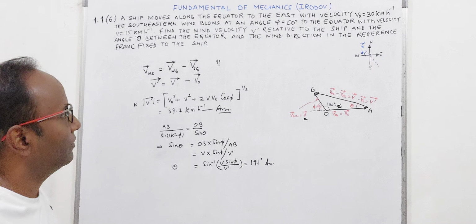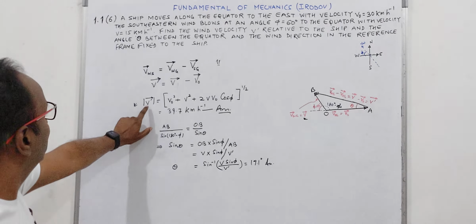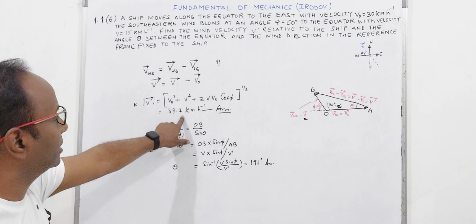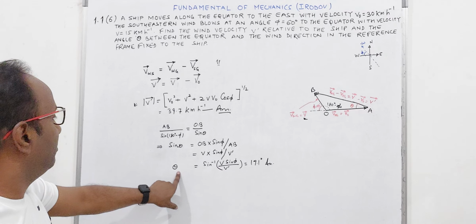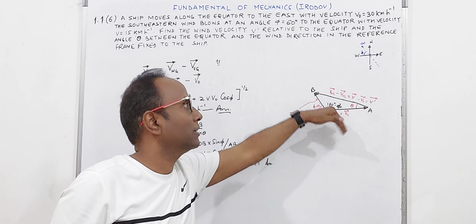Velocity of wind with respect to ship has magnitude 39.7 km per hour, and it is making an angle theta of 19.1 degree from the equator.